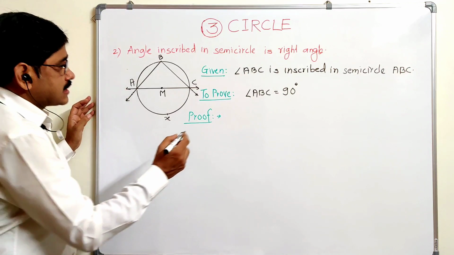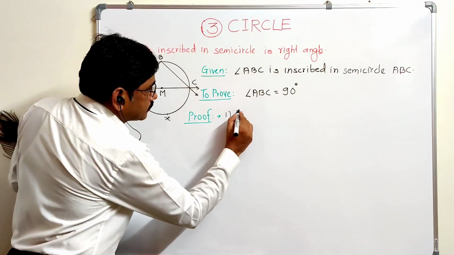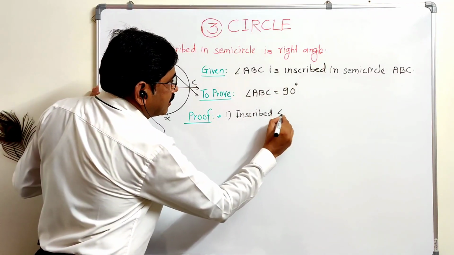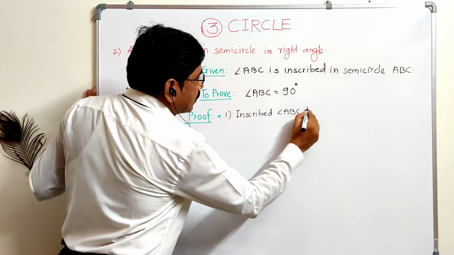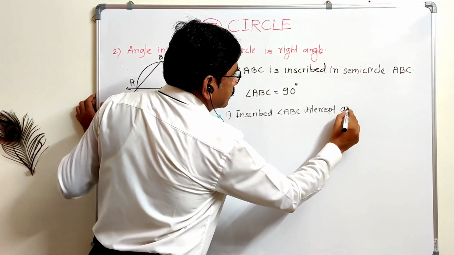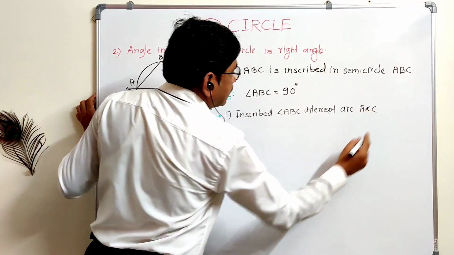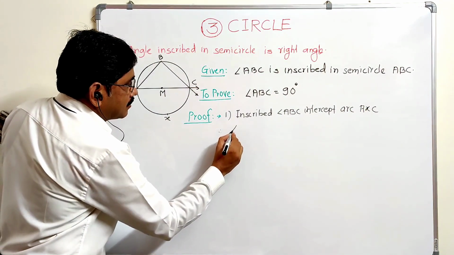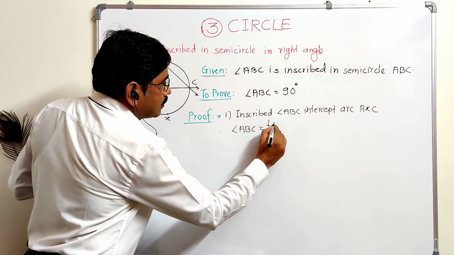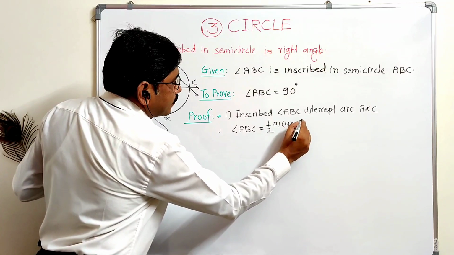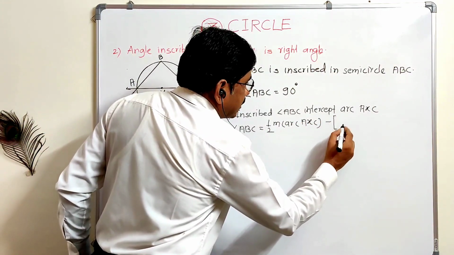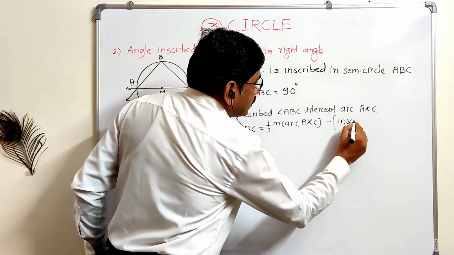So here inscribed angle ABC intercepts which arc? AXC. So by the inscribed angle theorem, angle ABC equals half major arc AXC.